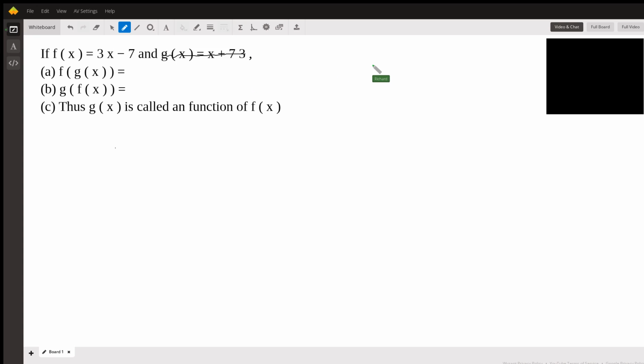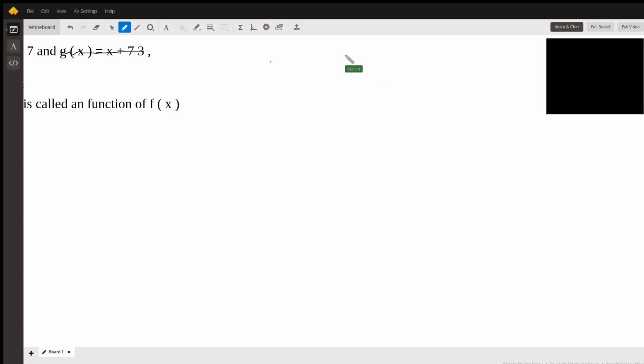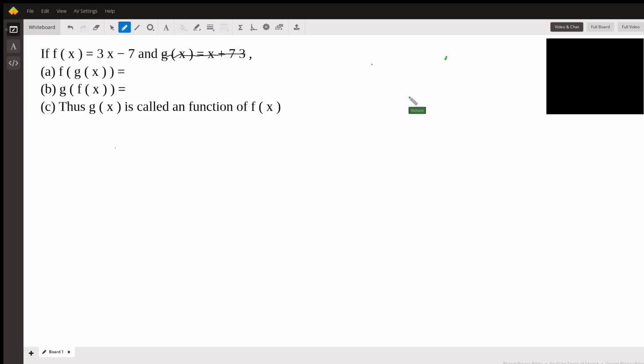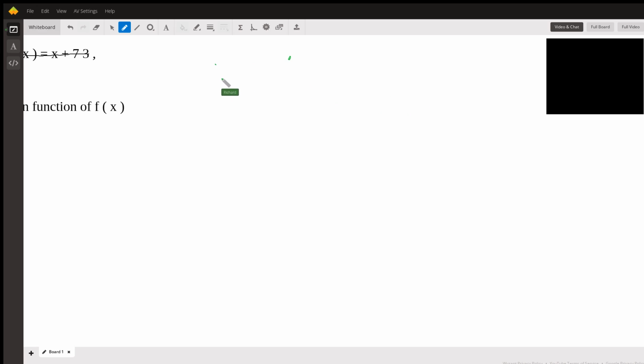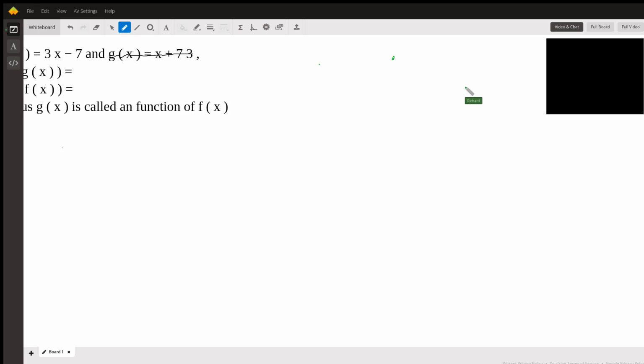G of x here. Oops. There we go. I don't know why this thing keeps moving.